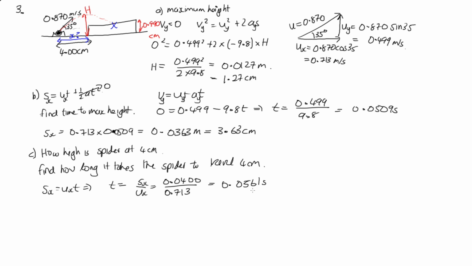And so the time it takes to do that is equal to 0.0561 seconds. And now what I want to do is work out how high it is there. So now I'm going to use s is equal to ut plus a half at squared, but this will be the vertical components.